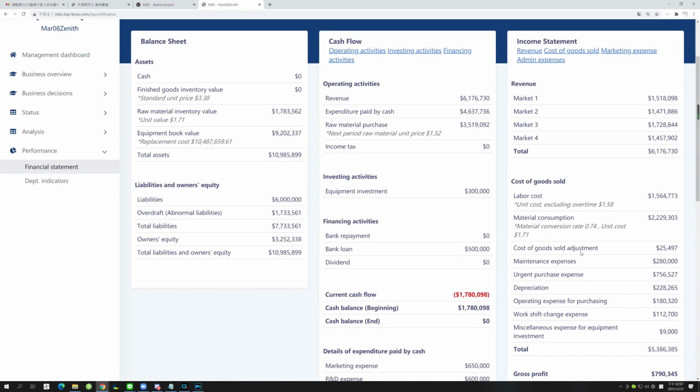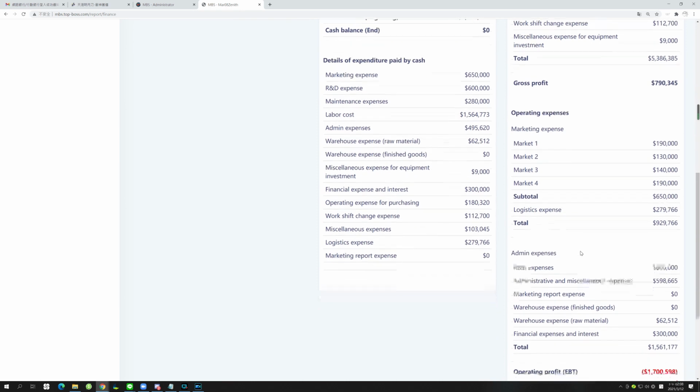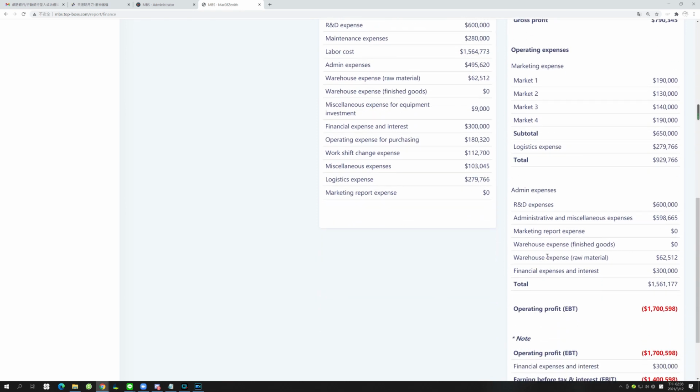Also, when you purchase more raw material, you need to look at the management of the raw material. Here you can see the warehouse expenses for the storage of the raw material. In terms of which way is the best way to do it, you need to make some planning.